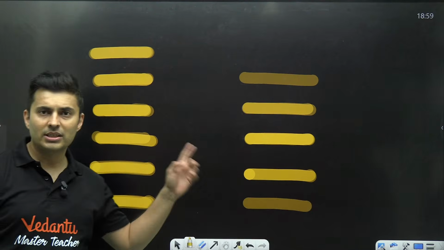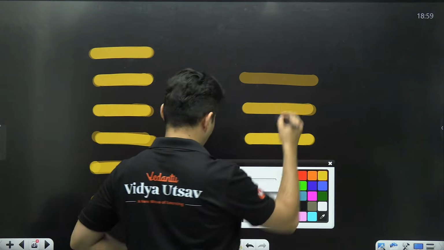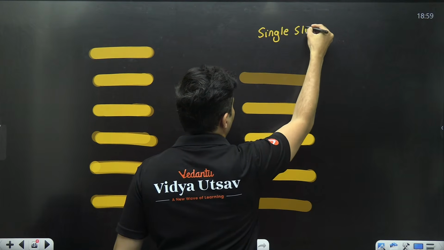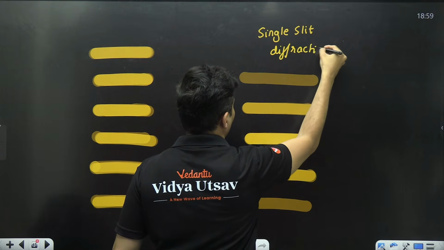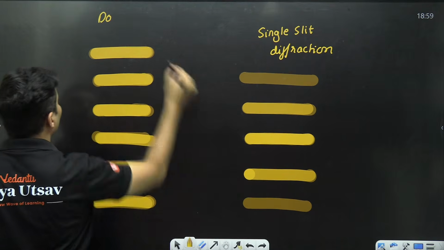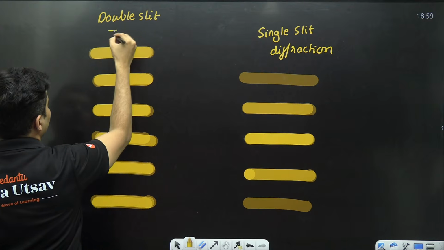I don't know whether you are able to see the difference. Yeah, this is in the case of single slit. This is diffraction. This is double slit. This is interference.